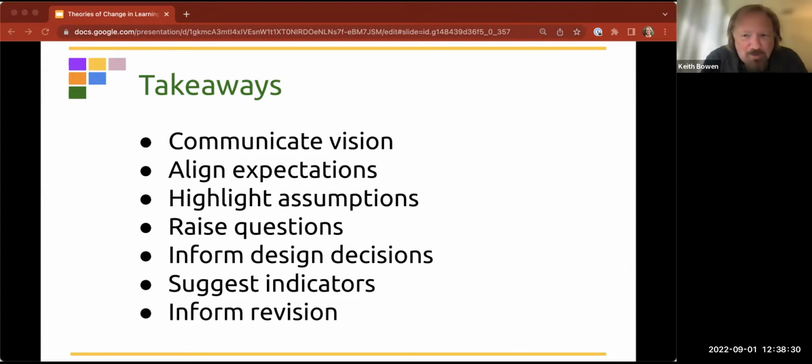Just to circle back to where we started, it helps in communicating the vision and aligning expectations with teammates and with other stakeholders, highlighting assumptions and raising questions about them, and forming testable hypotheses, which leads to productive testing, which then leads to informed design decisions, suggesting indicators to use in testing and informing the revisions.